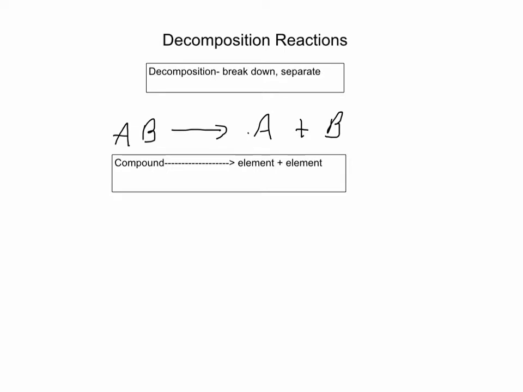It could break into two smaller compounds, it's possible, but in general we think of decomposition as one molecule breaking into its elements. Let's look at a few examples.